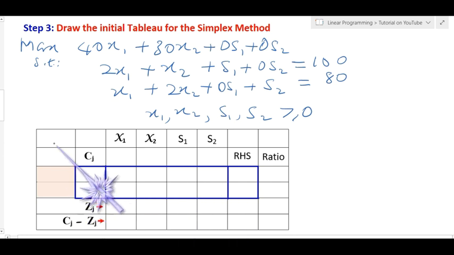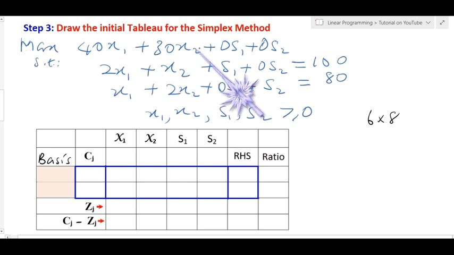You have 6 rows by 8 columns. Then this point here is what you call the basis. The bases are going to be here. So what you do is fill in the tableau using this standard form.